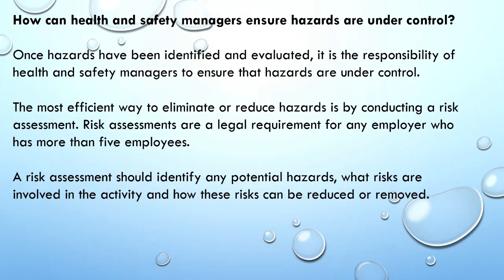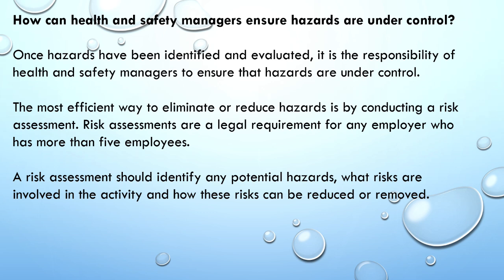Now, how can health and safety managers ensure hazards are under control? Once hazards have been identified and evaluated, it is the responsibility of health and safety managers to ensure the hazards are under control. Now, the most efficient way to eliminate or reduce hazard is by conducting a risk assessment, as we explained before.